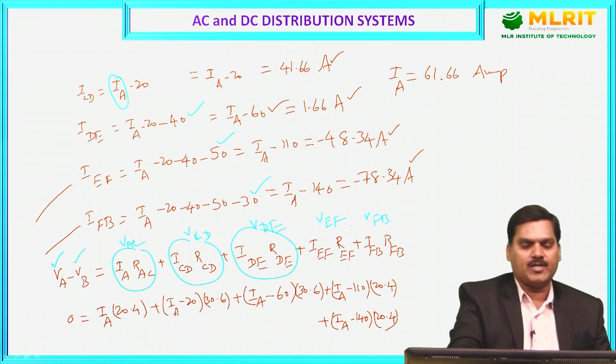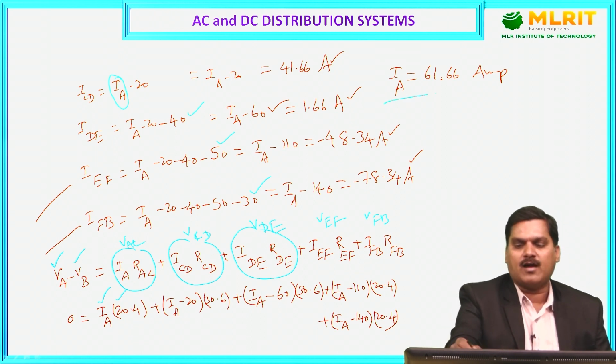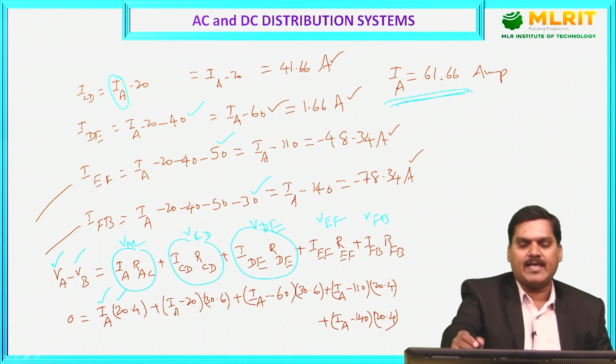By substituting current multiplied by resistance in each section, finally we got IA. Using this IA value, we back substituted and got each section current.